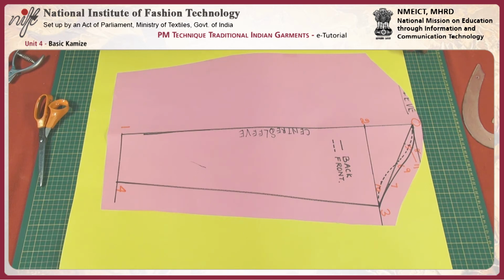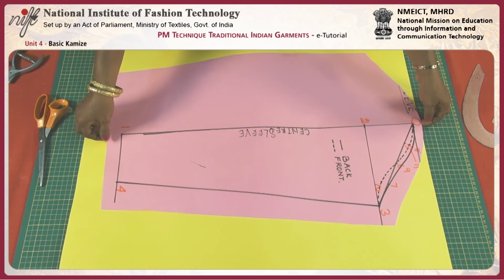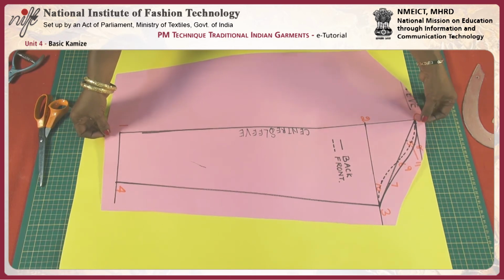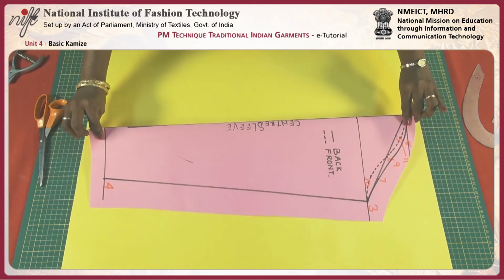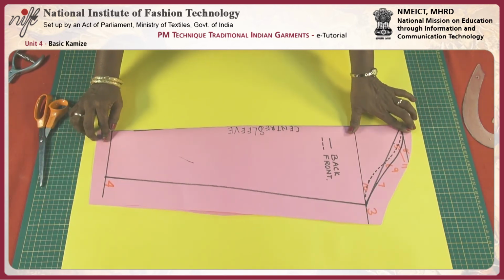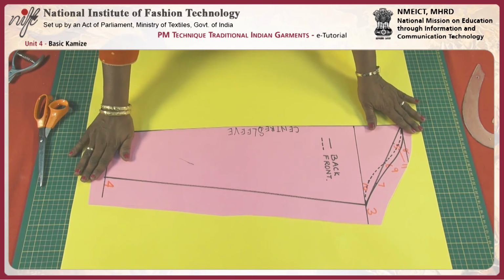Stop. Now we are going to cut the sleeve. First make a fold on the center line from 0 to 1. Make the fold and keep it flat.